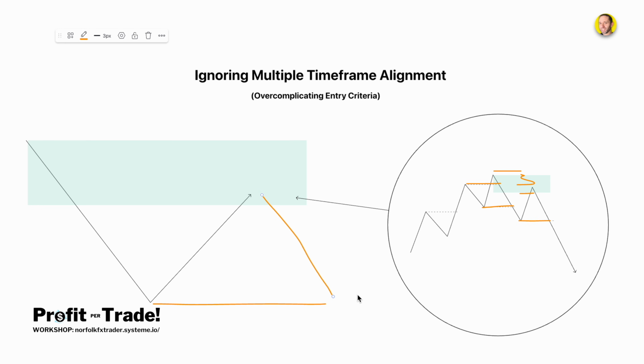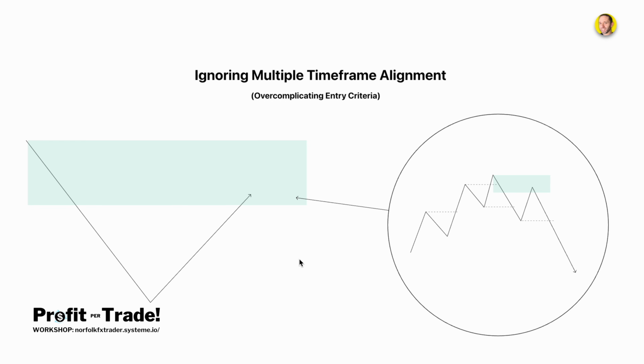And there's another major mistake many of you are doing, that is overcomplicating the entry criteria. Now this is a simple procedure for you to follow, just looking at the lower time frame for that structure break. Okay, you can also look at the candlesticks as well when you're looking for these entries.